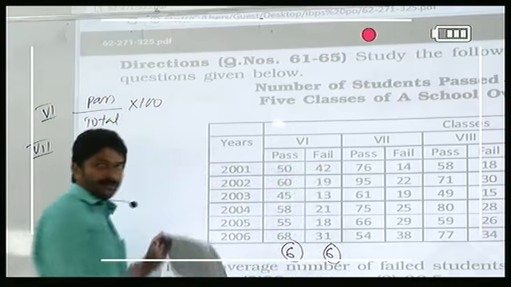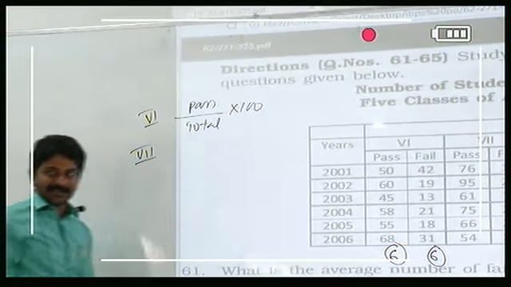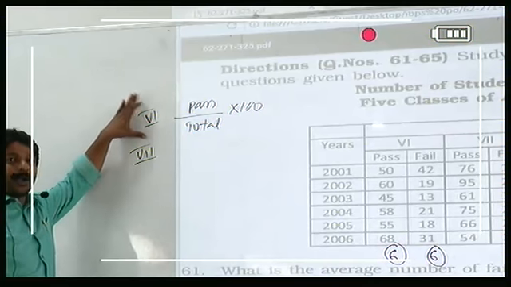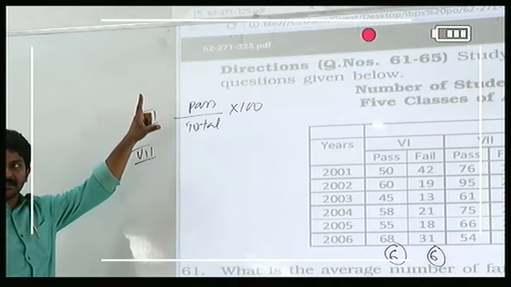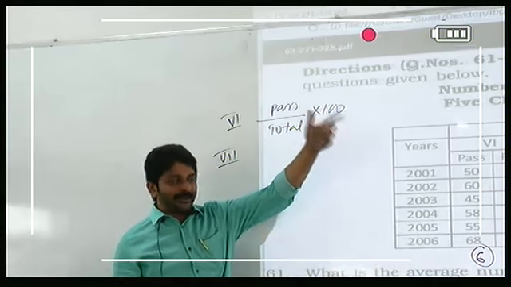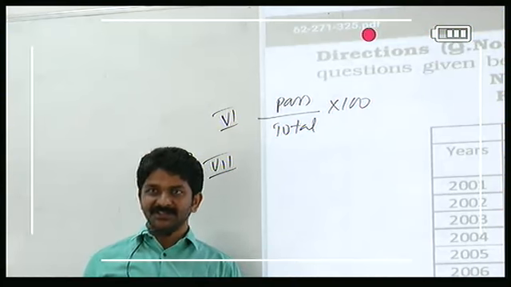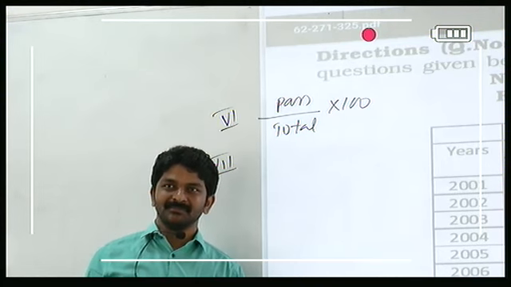And if you add these two, you'll get denominator. So for getting one number, one pass percentage for one particular class, you need to go for 13 additions. Like that you have to do it for how many? 5. So 13, 5 times. 60 additions.